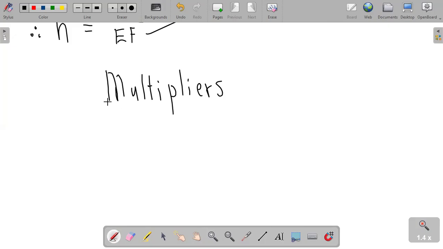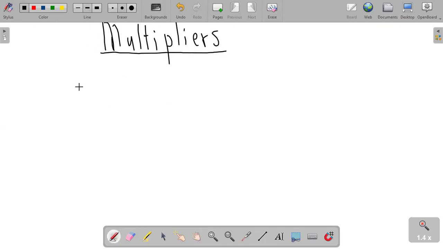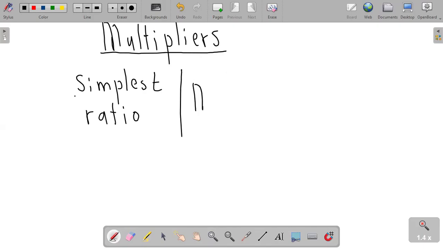So the multipliers that we use, I want to show you on the table here. When we use the multipliers, the ratio becomes outside the table. Simplest ratio and the multiplier that we use.